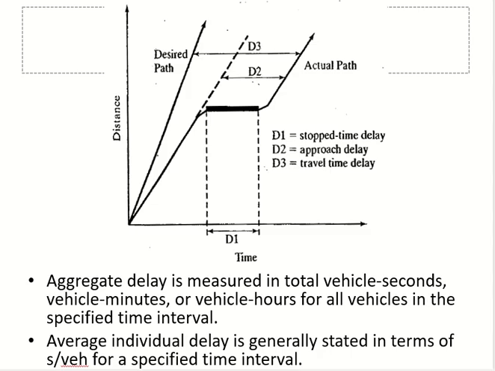What is this diagram showing? It is showing the actual and ideal trajectory of a vehicle, the actual and ideal movement of a vehicle. So you have time on the x-axis and distance on the y-axis. At every point you know how much time the vehicle has consumed and how much distance it has crossed.